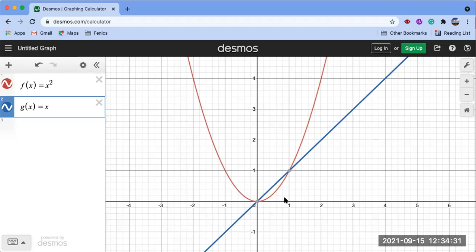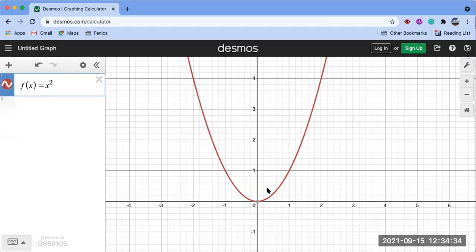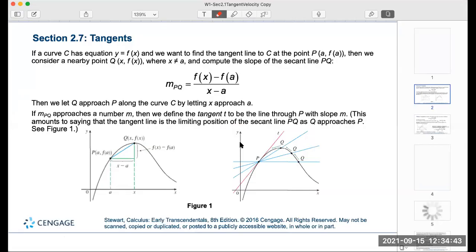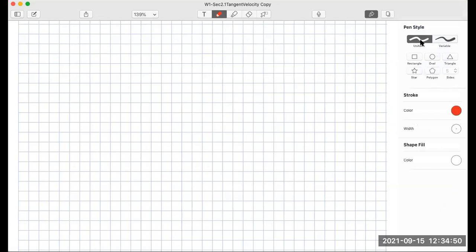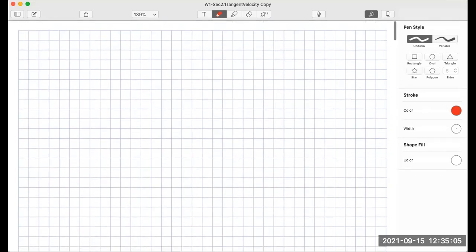So for example, here, let us plot it back on our paper. Come on, what is happening? Sorry.